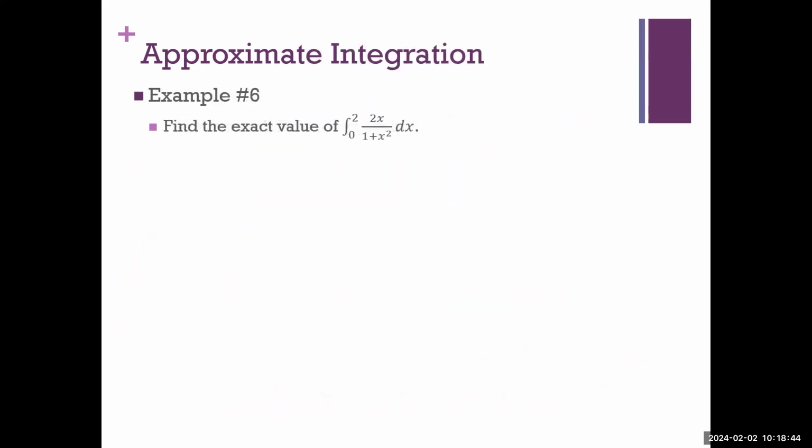So let's do this now. Let's see if those are any good. Can we find this integral without doing approximate methods? U substitution, what's a good U? 1 plus x squared, what's du? 2x dx.